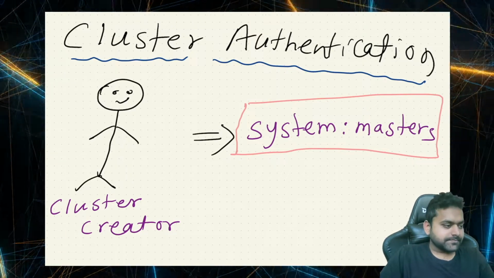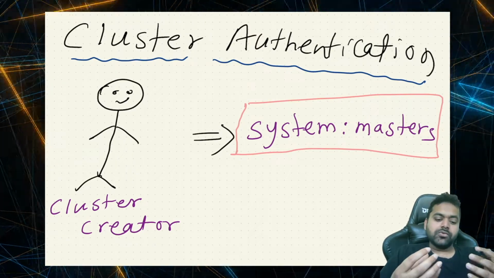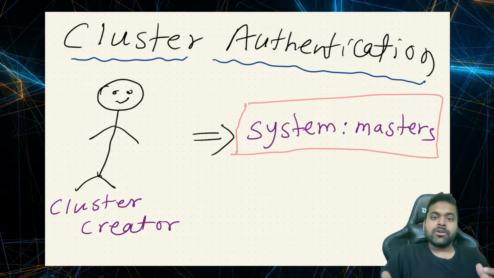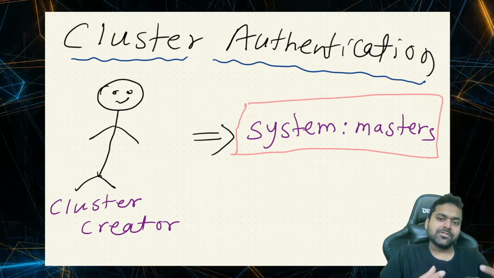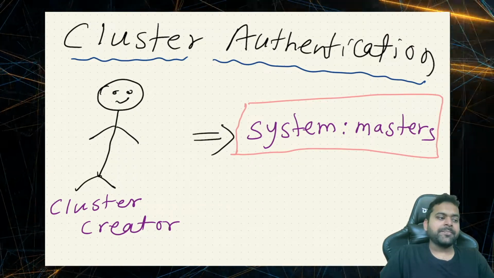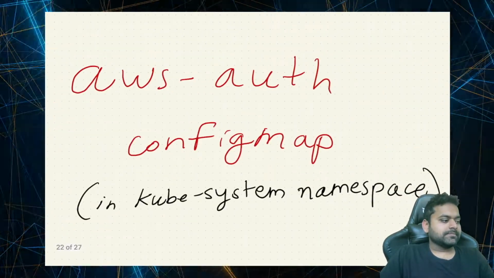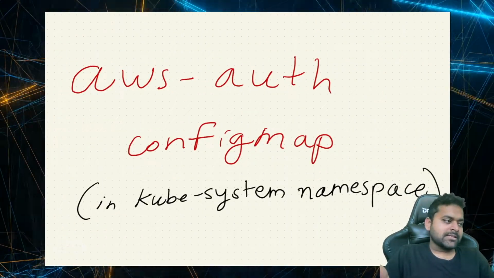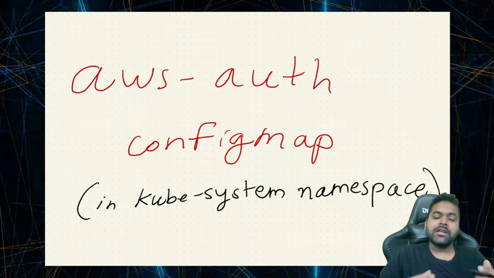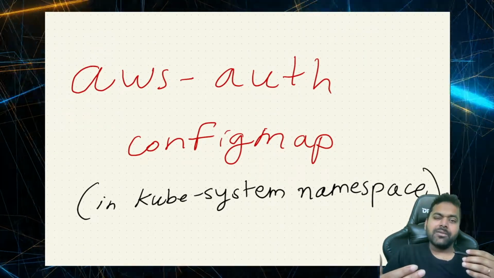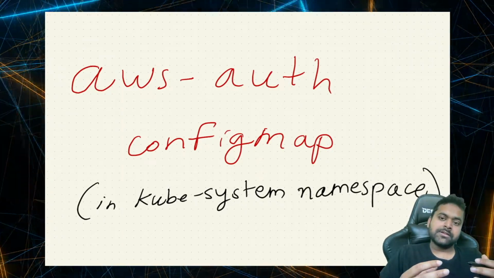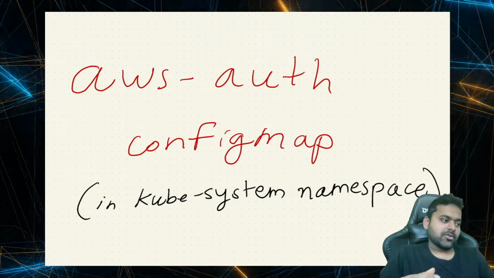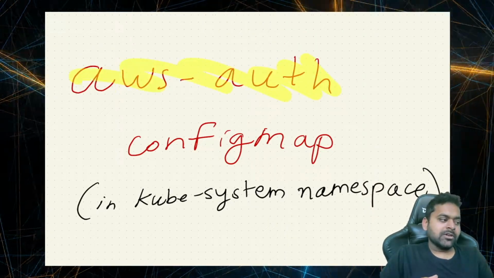So to make a note of this user or role is very important because this has all the powers to that cluster, right? Now all this IAM stuff, or the mapping between IAM roles and the Kubernetes user, is kept in a config map called aws-auth.